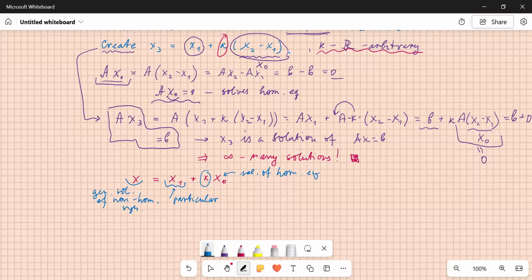We see that the general solution of the non-homogeneous system is going to consist of a particular solution, which can be x1 or x2, and the solution of the homogeneous system multiplied by any arbitrary constant. And all other possible solutions are going to come into it. I did not prove this, but eventually we are going to prove it. Okay, so that was a theorem.